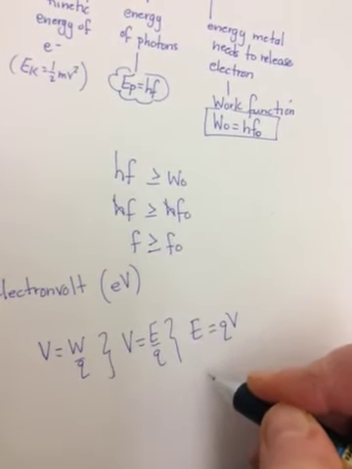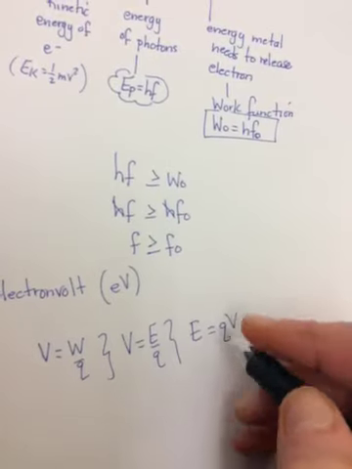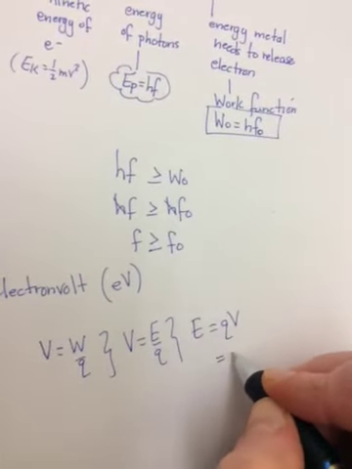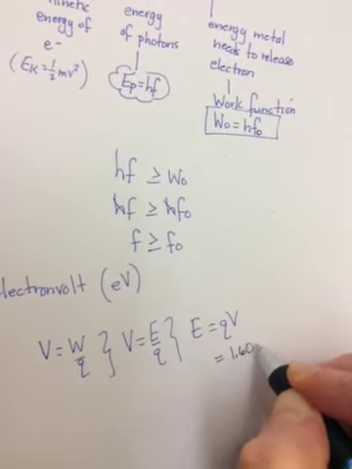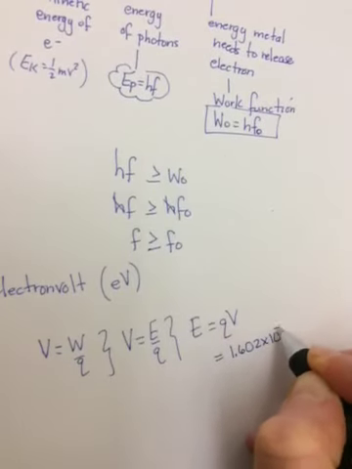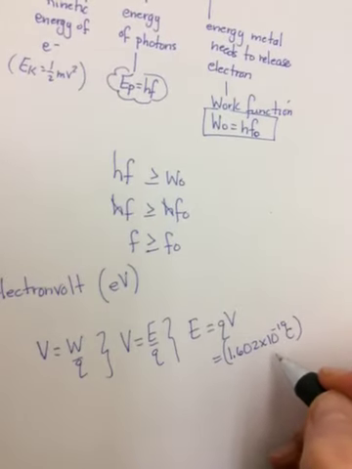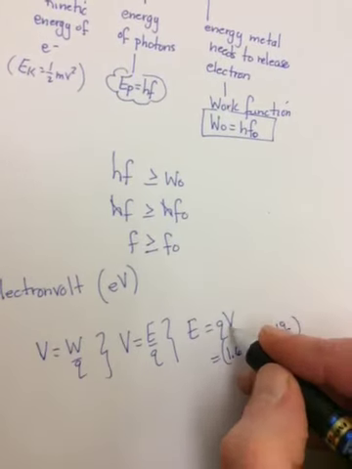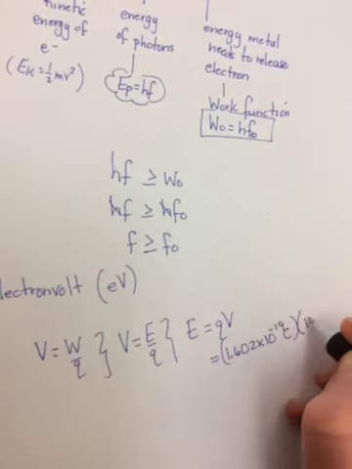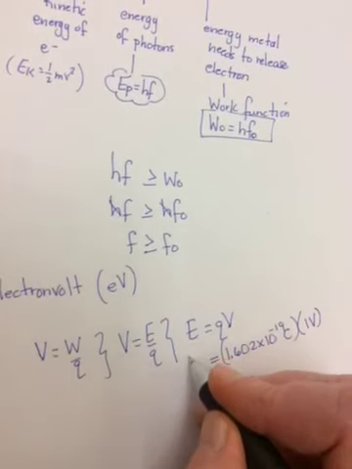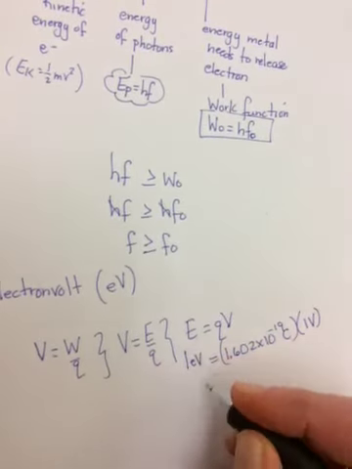So an electron volt is the energy of one electron, so 1 electron would be 1.602 times 10 to the negative 19 coulombs, the energy of 1 electron that is accelerated across a potential difference of 1 volt. So this is what we're going to call 1 electron volt.